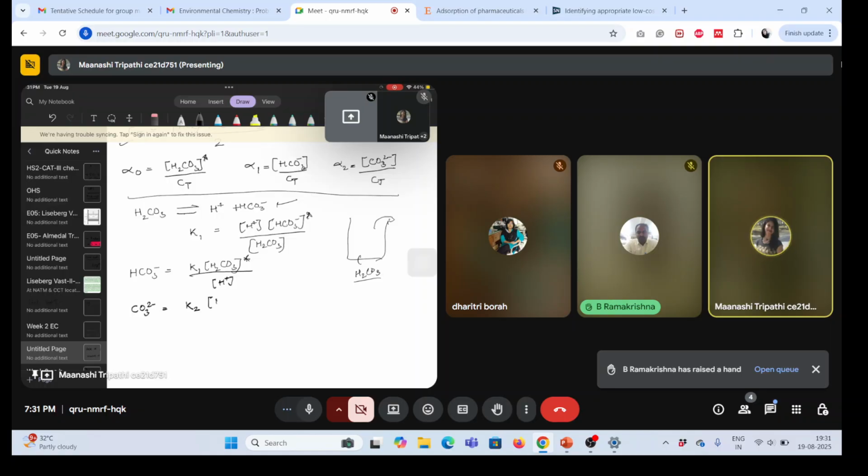So this will be HCO3 negative divided by H plus. Now, if we replace HCO3 from here to here, what will we get? We will get K1, K2, everything in terms of H2CO3.